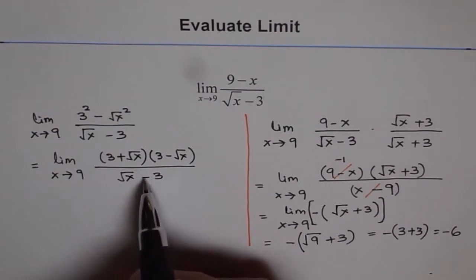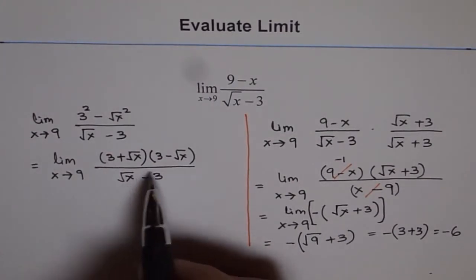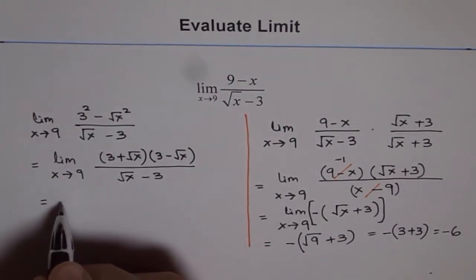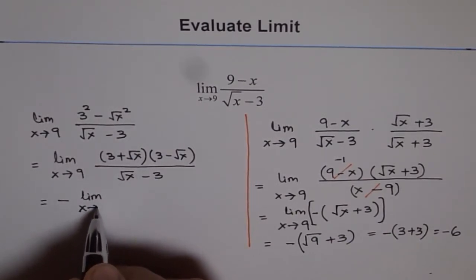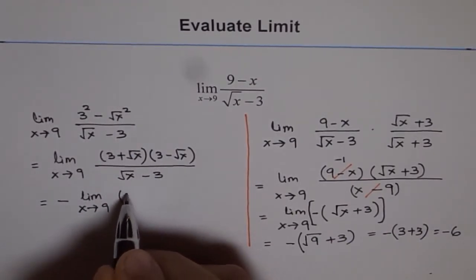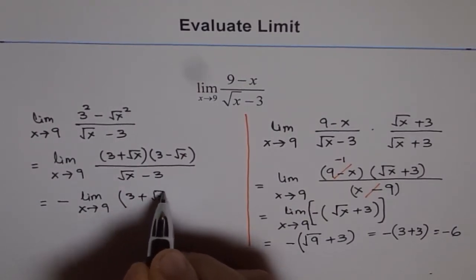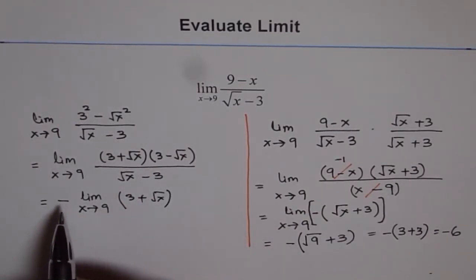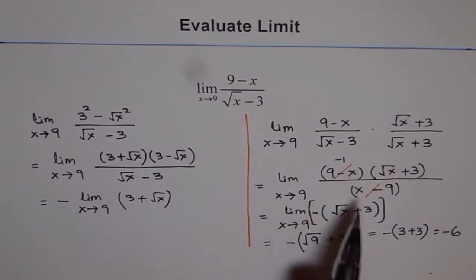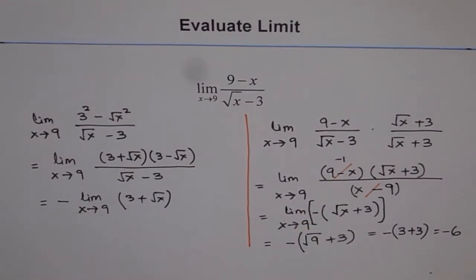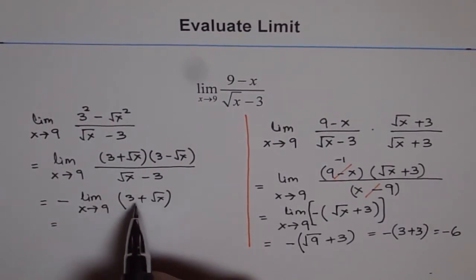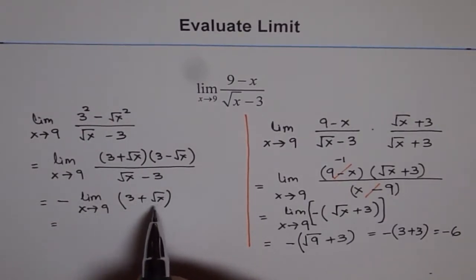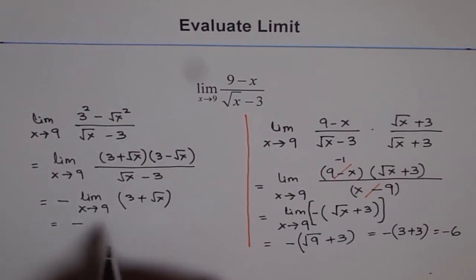As you can see, these two factors can be cancelled with a minus. So I can write this as minus the limit as x approaches 9 of (3 plus square root x). This is another way of writing this; we could write minus inside or outside. I'm just giving you all the options. Now you can substitute 9 for x, and you get minus of (3 plus 3), which is minus 6.